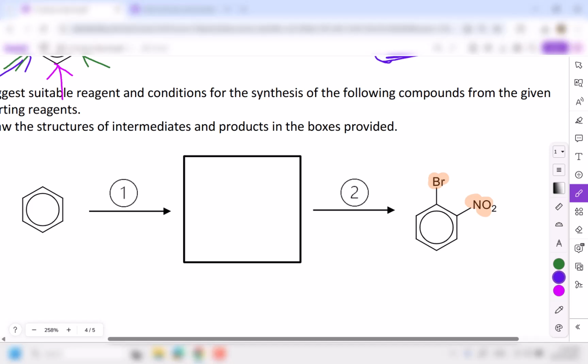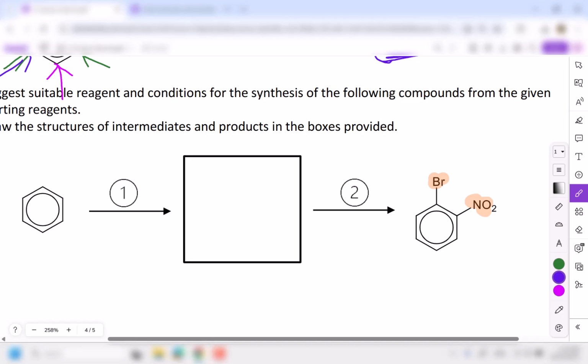And you know the nature of Br and NO2. Br is weakly activating, which will direct the incoming electrophile to the second or the fourth position. NO2 is strongly deactivating, so it's going to direct the incoming electrophile to the third position relative to itself.